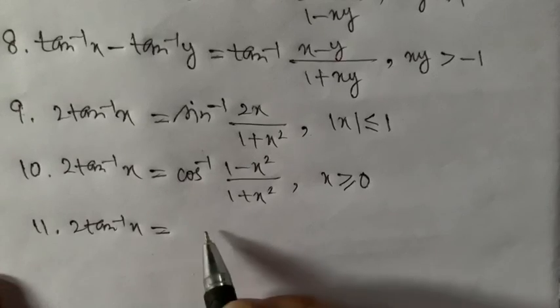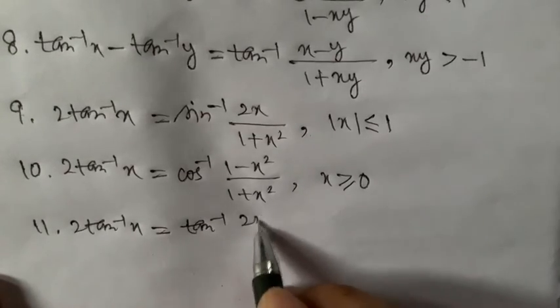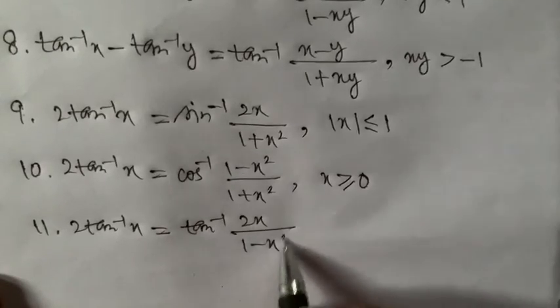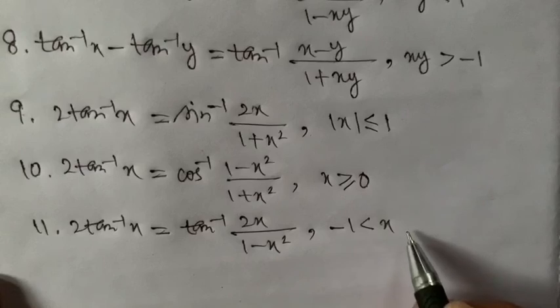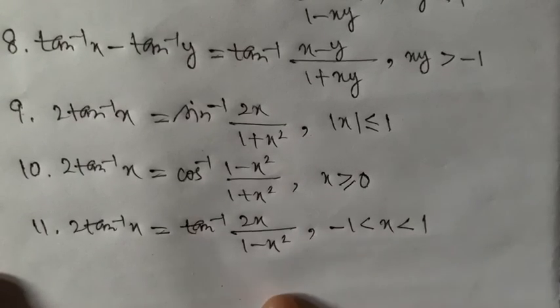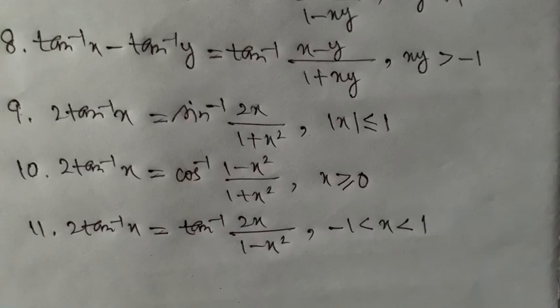When we have to express it in terms of tan inverse, it will be tan inverse of 2x upon 1 minus x square, and here it is minus 1 less than x less than 1, to ensure that its value remains positive. These are the properties which we will use while solving, proving or simplifying things.